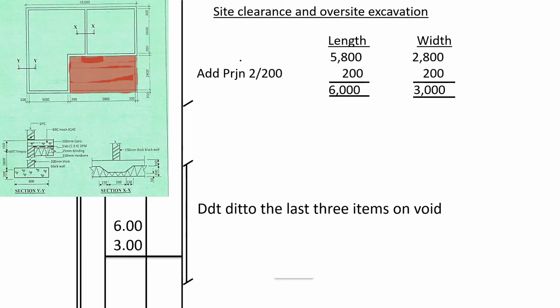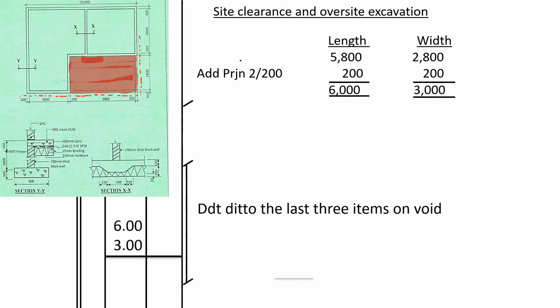I'm sorry, I may take a bit more time here. We gave an allowance for the foundation strip all around the building. We gave an allowance of 200 for the strip, and I said 200 comes from taking the total strip width, which is 600.